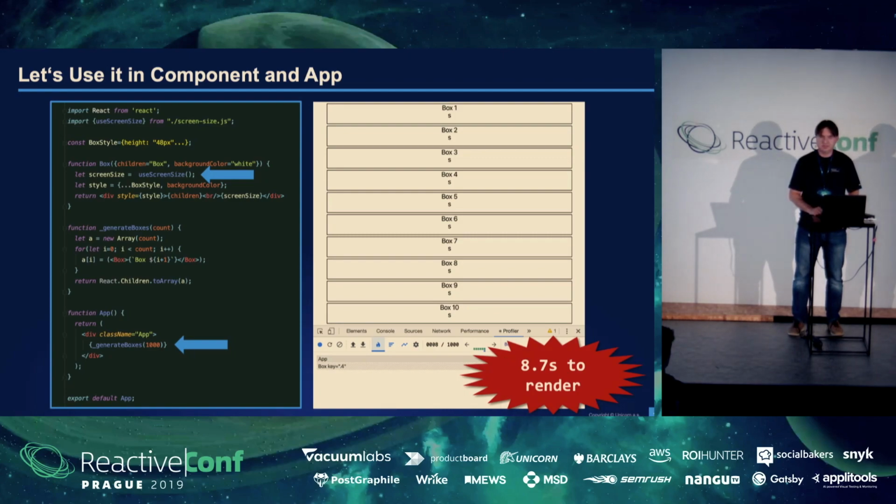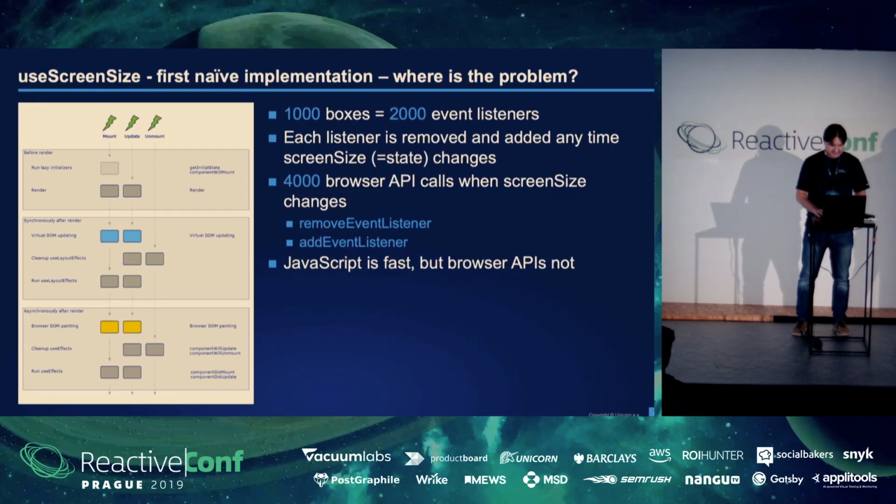So what did we do wrong? We did our effect, we did our cleanup functions, so everything should work, but it doesn't, obviously, because 8.7 seconds is terrible. Well, I told you that effects by default are called after the render is done, but before the effect runs again, its cleanup is always called first.